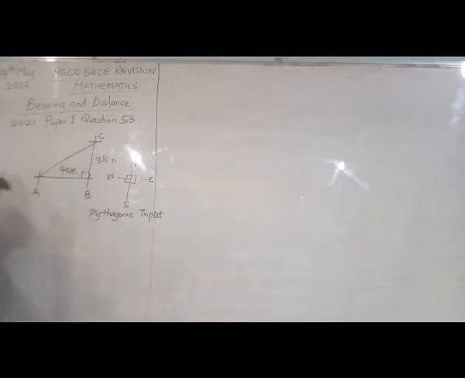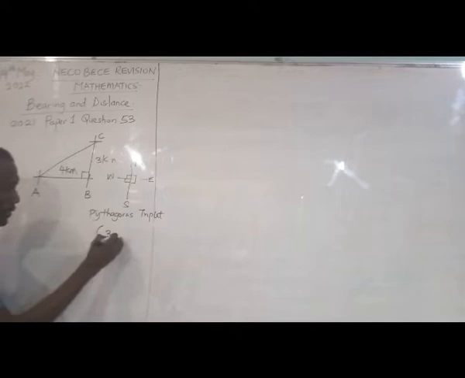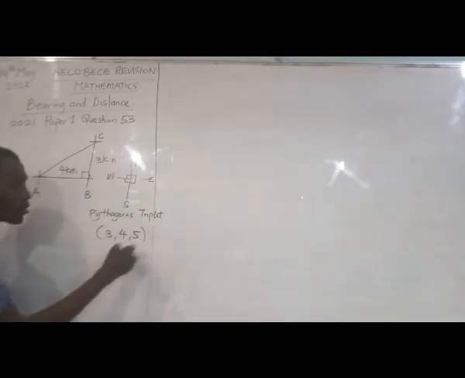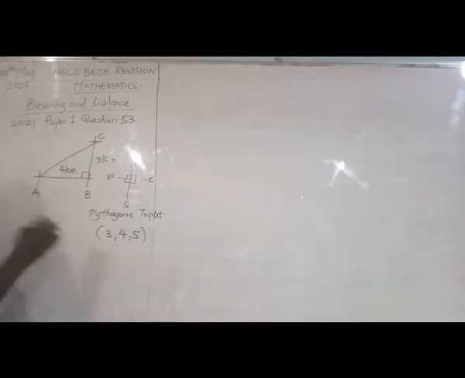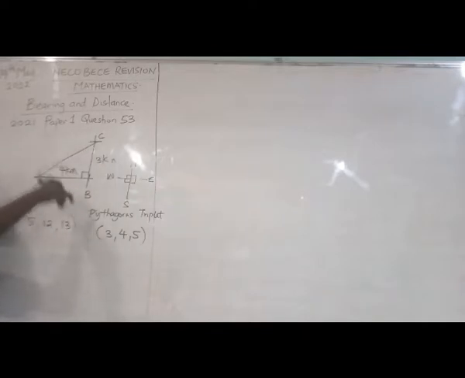If I have a right angle triangle, I see 3, I see 4, the last one must be 5. If in the exam I see 5, I see 12, the next one must be what? 13. So that's the Pythagoras what? Triplets. Or in some books we call it triples. This is the concept being tested here. Once you know this and this, without solving, you know the answer is 5.